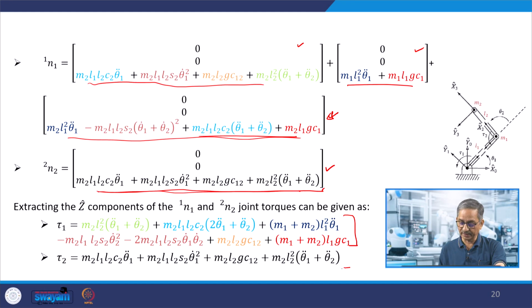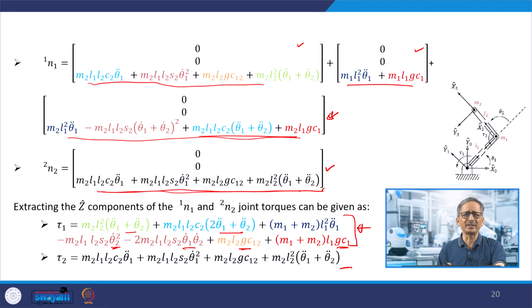Alright, I have done here some color coding just for you to have an understanding which term is coming over here. And again, when we are writing this one, we have followed a certain way. Initially, we write the acceleration terms, okay. So, these terms are there, and then we have the joint velocity square terms, and then you have the theta 1 dot and theta 2 dot term, and then you have the g terms over here.